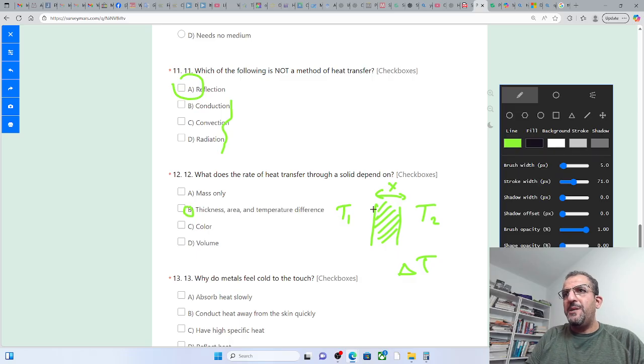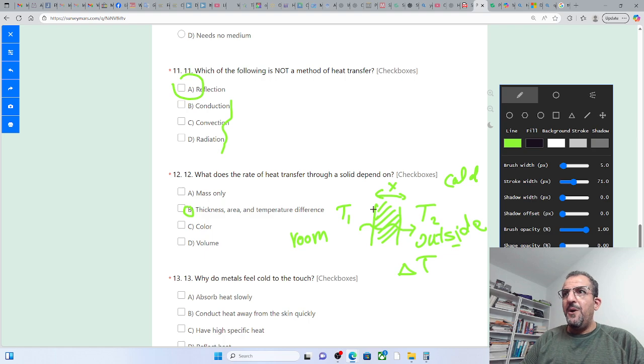Maybe this is your room and this is outside, and if you don't have a well isolated wall, the heat is going to go out from your room to outside if the weather outside is cold.